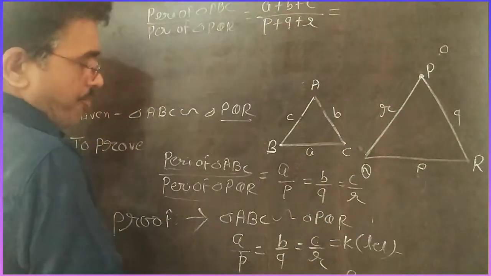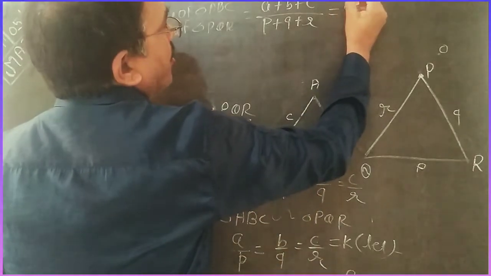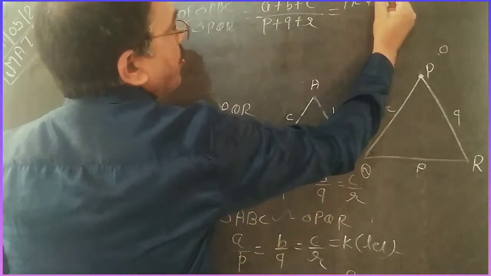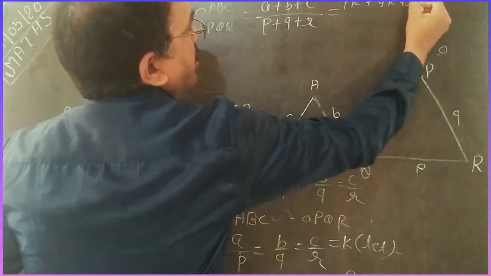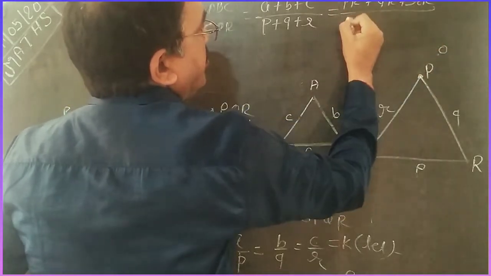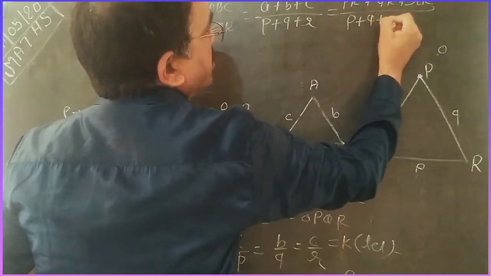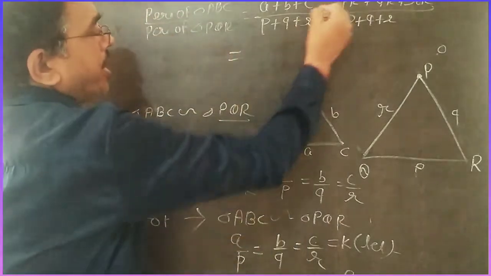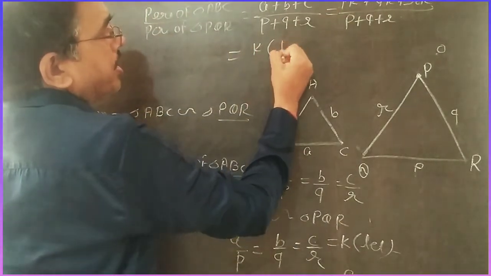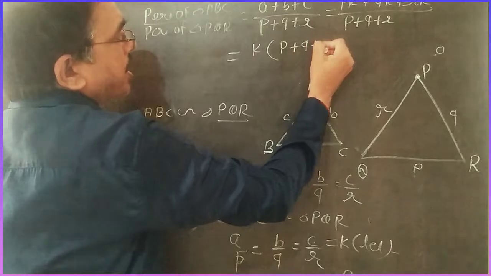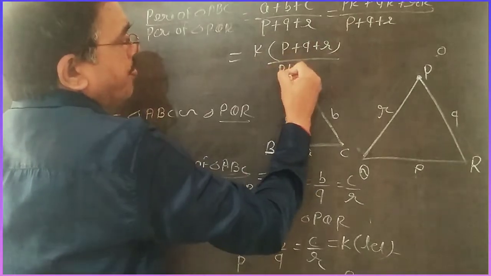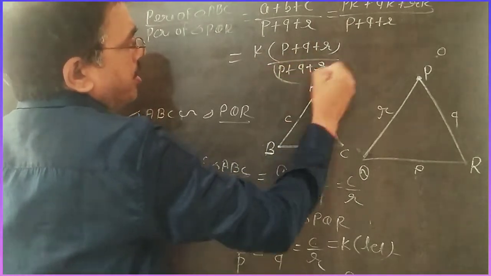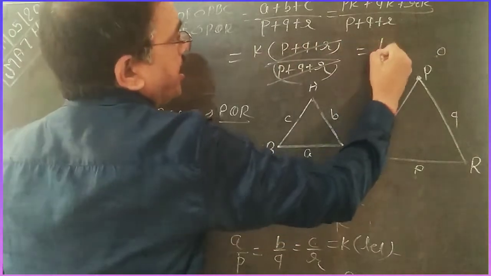Now a is equal to pk, so here you write pk, b is equal to qk, and c is equal to rk. Here is p plus q plus r. A common k is here. Then p plus q plus r by p plus q plus r cancels and it is equal to k.